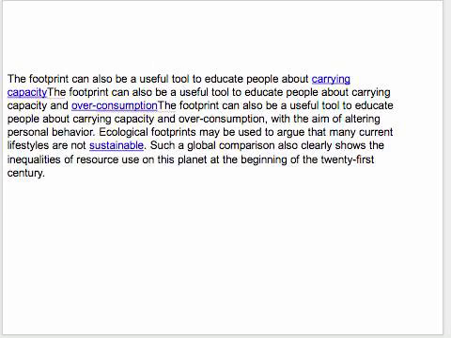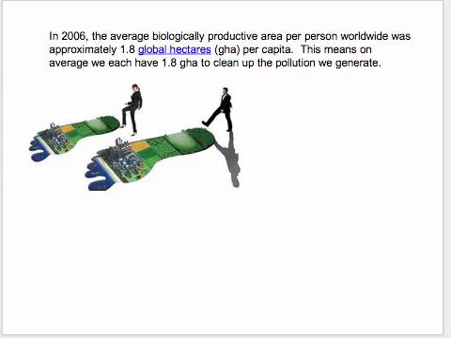There are different ways to use this and different things that we can do with it. So again, like we said before, your share globally that's available to you is 1.8 global hectares. Any more than this and you're using more than your fair share.